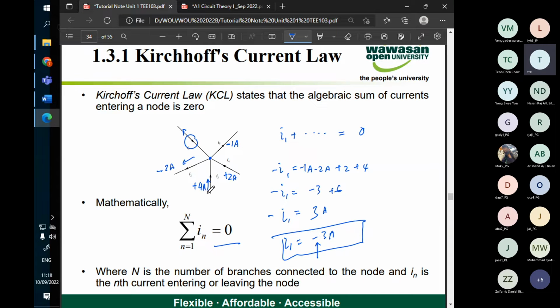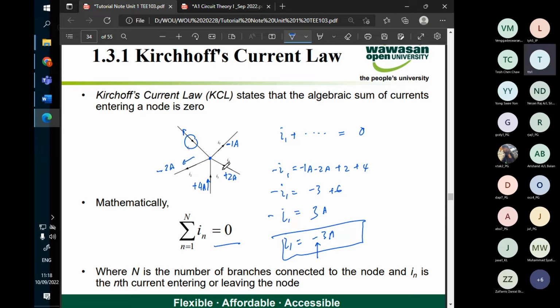If I put a different value, let's say I put 1 here, the answer will probably come out positive. So don't take all this seriously. I just threw in all the values here. It doesn't mean this is the actual circuit.